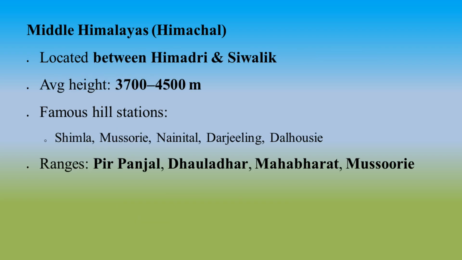Middle Himalayas or Himachal. Next comes the Middle Himalayas, also known as Himachal. These lie between the Himadri and the Shivalik ranges. Their elevation ranges from 3700 meters to 4500 meters.